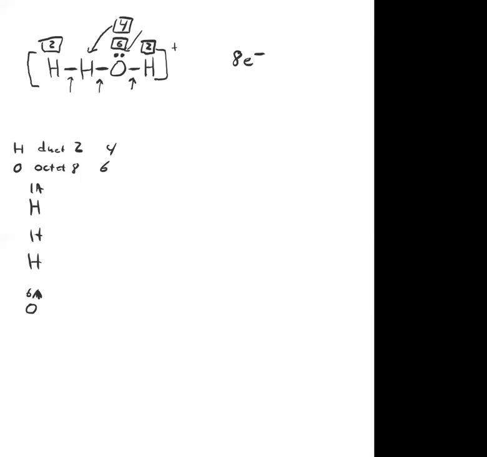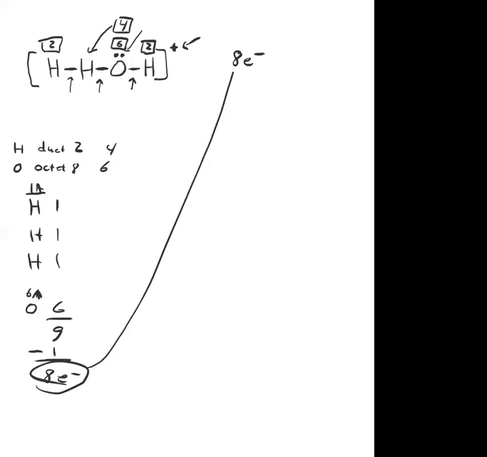Okay, and then it is charged. Let's not forget that. It has a charge of +1. We'll deal with that one separately. So 1A is 1 electron, 6A is 6, so that's 9, but it's a plus, right? So that means you subtract 1, so it has 8 electrons. That's good. It actually has the correct number of electrons.